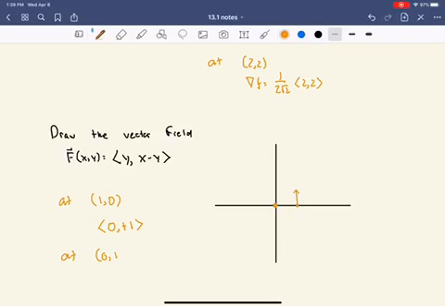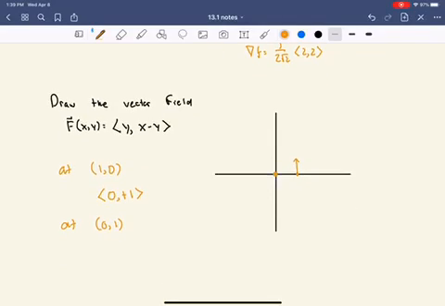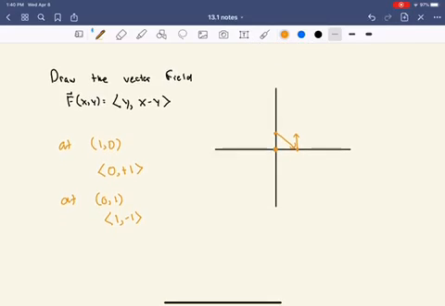How about (0, 1)? At (0, 1), we get (1, -1). That time I think it's right. So at (0, 1), we go to the right 1 and down 1. Let's try another.